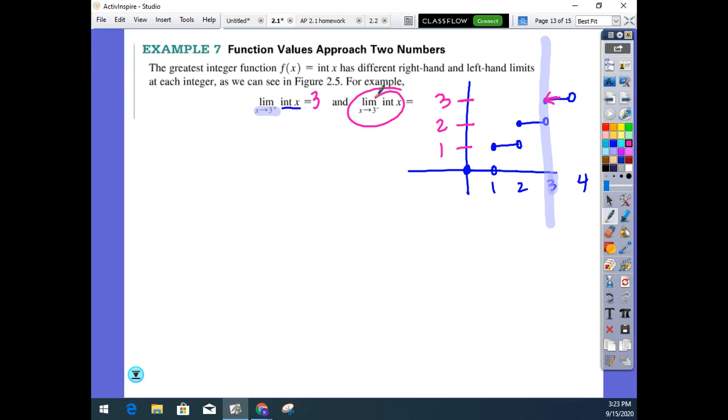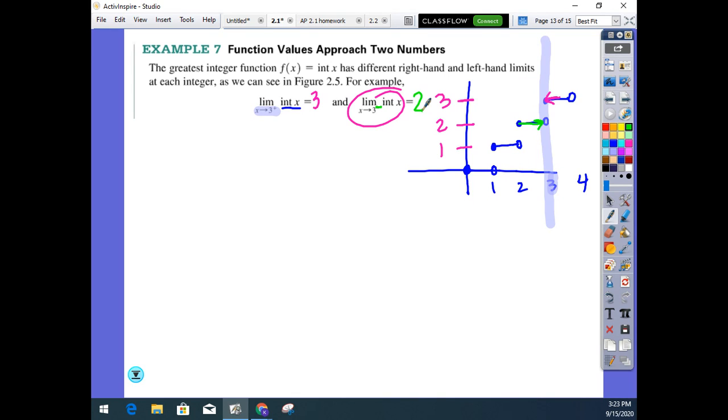But where is it approaching from the left side? If this is a minus, that means if I look along here, go to the left side, that's to the left of 3. What's this y value? 2. And this is kind of the sneaky part here.